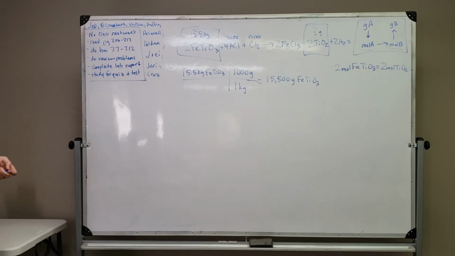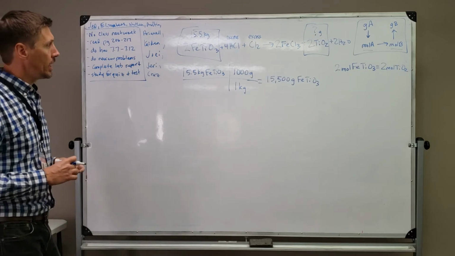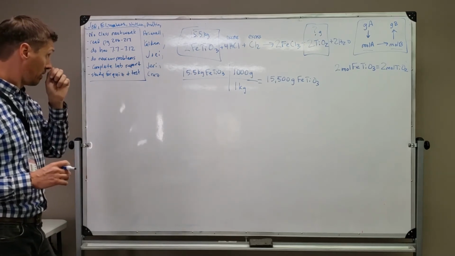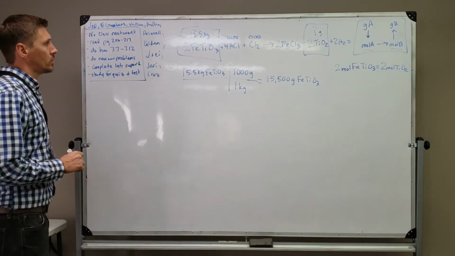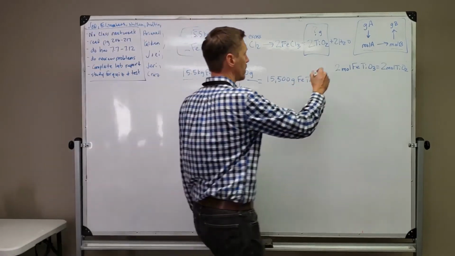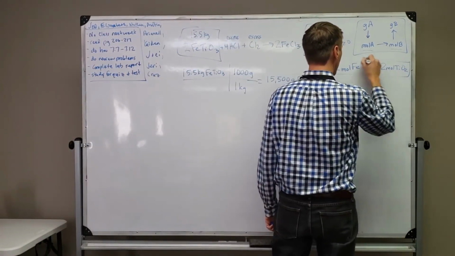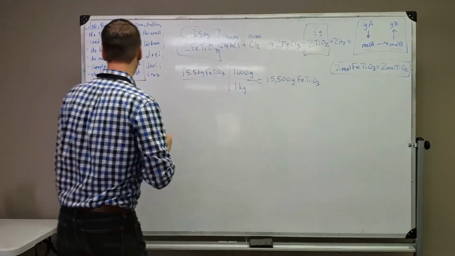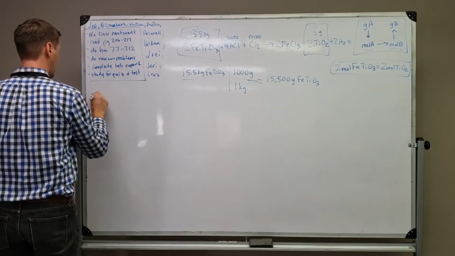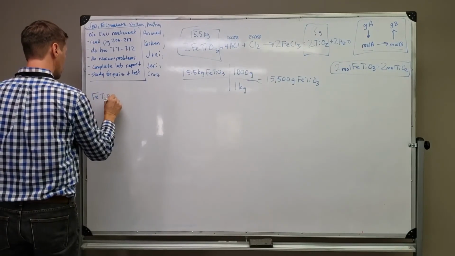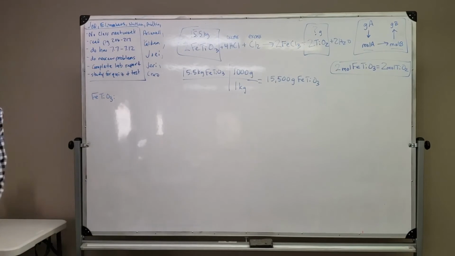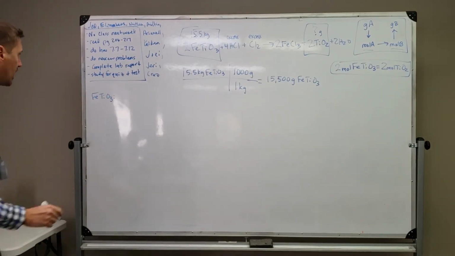We're going to need the molar mass of FeTiO3. I'm going to put a square around this so we remember we need that. What's the atomic mass of Fe? 55.85.